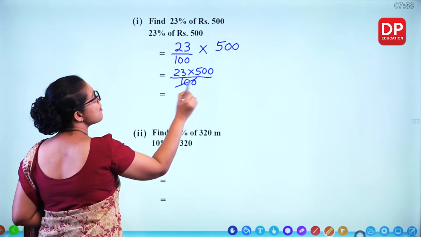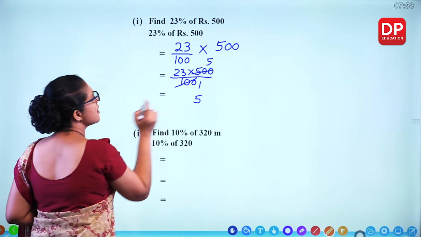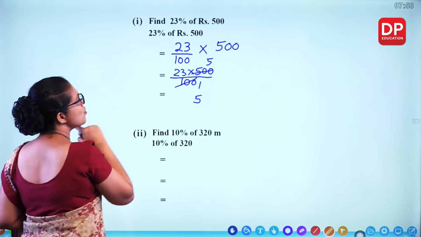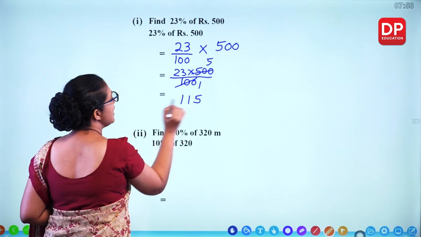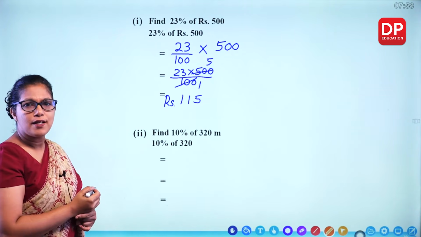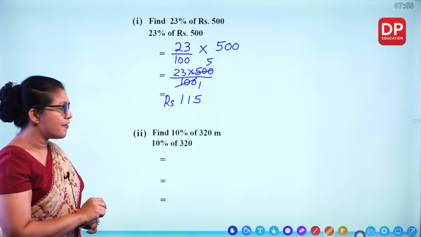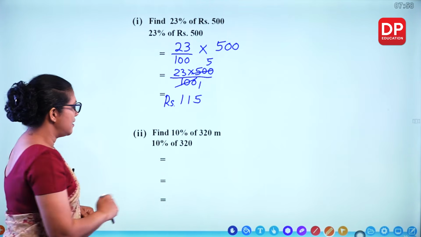So 100 times 1, 100 times 5. 5 times 3, 15. 1 remaining. 5 times 2, 10. Plus 1, 11. So what's the answer? 115 rupees.